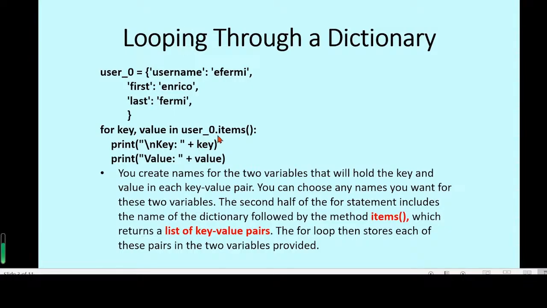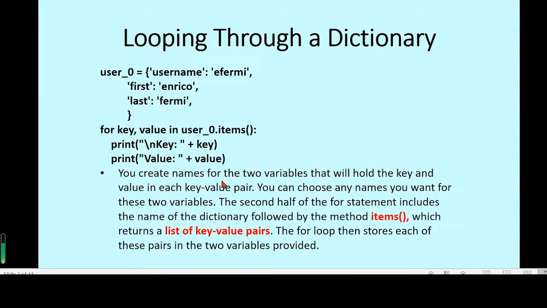Then we can write a for loop: for key, value in the user dictionary's items attribute. So the items method will return the key value pairs. Then for each key value pair, we will print the key and its value.